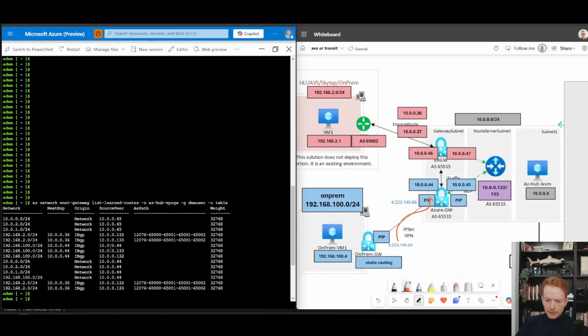And we're learning that from a few different places. We're learning it back from the route server, and from our iBGP VPN gateway peer. But ultimately, all of those rows lead to the same place: from a node perspective, you go here or you go here. And even the route server knows that ultimately you have to go here to get back to the branch on-prem.